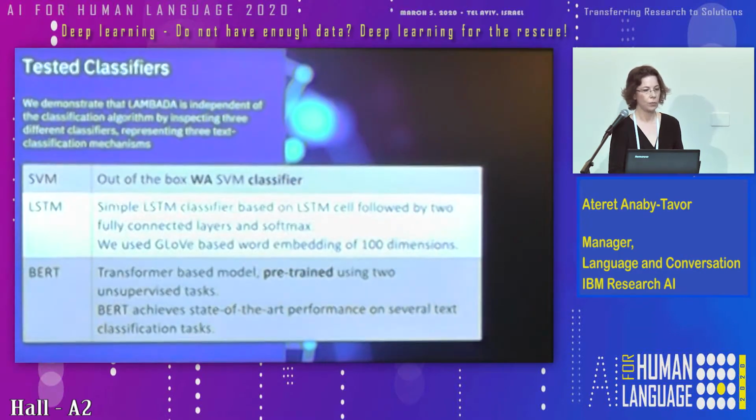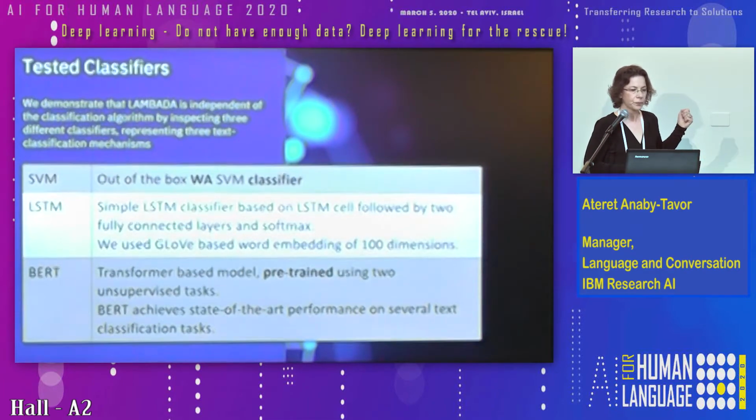All right. We wanted to show that Lambda is not dependent on the classifier at hand. Therefore, we used three different classification methods. The first one is the support vector machine, a very widespread classification method. We have it out of the box from Watson Assistant. That's the Watson Assistant classifier.